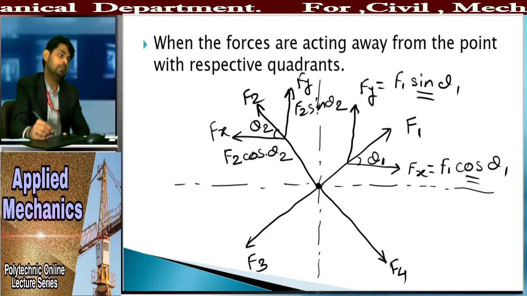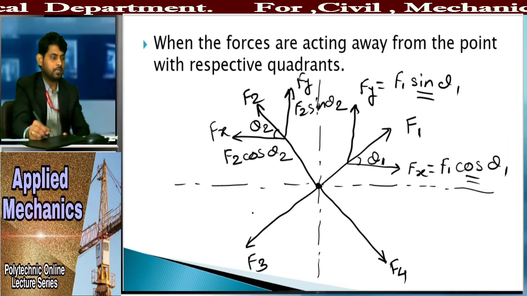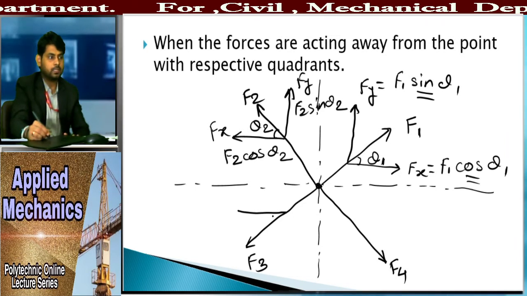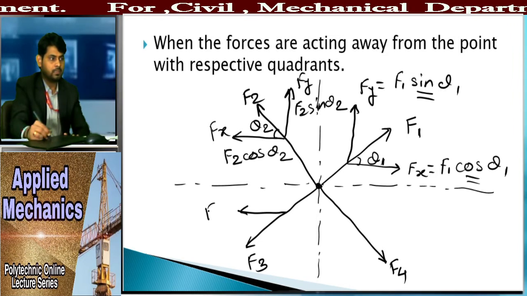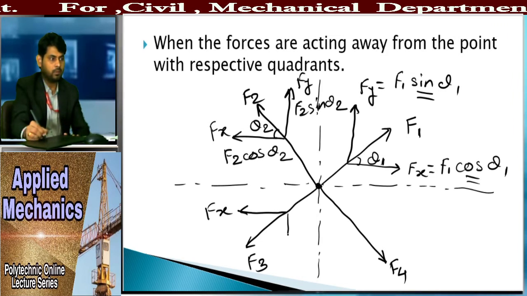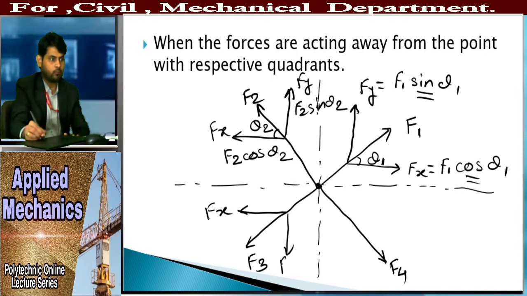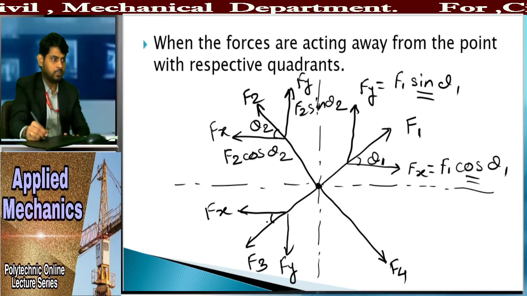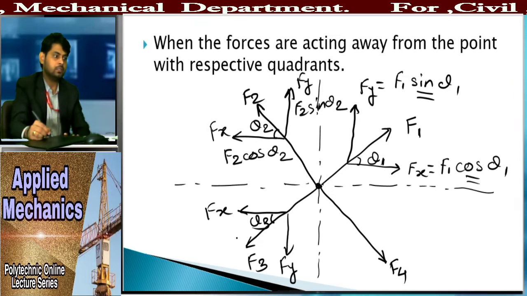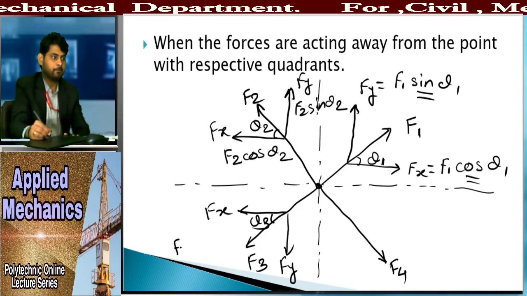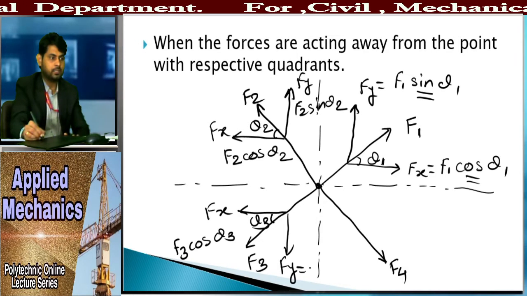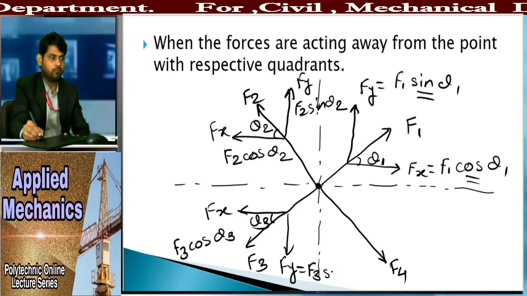Then again similarly resolve force number 3. So this is horizontal, that is Fx, and this is vertical, that is Fy, and this is your angle theta 3, right? Now this Fx is nothing but F3 cos theta 3, and this Fy is nothing but F3 sine theta 3.